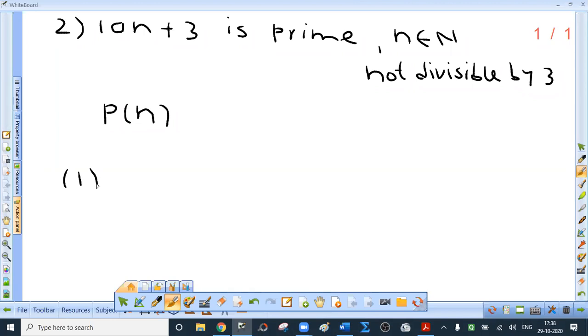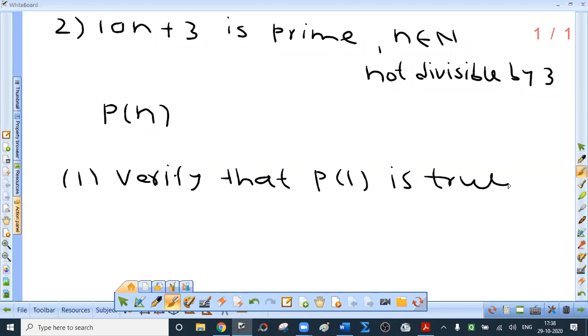Which result? P of n. The result is true for n equal to 1. That is, we verify that P of 1 is true. Okay. Suppose first step is over. We verified that P of 1 is true.